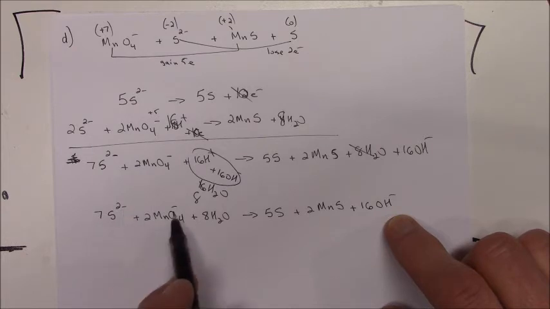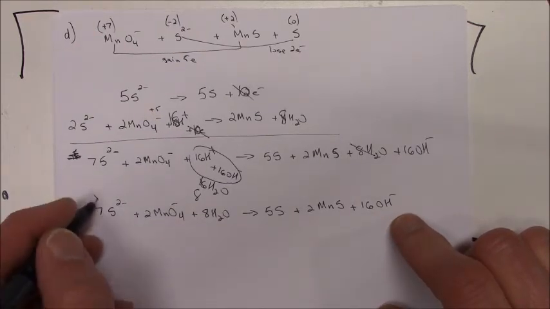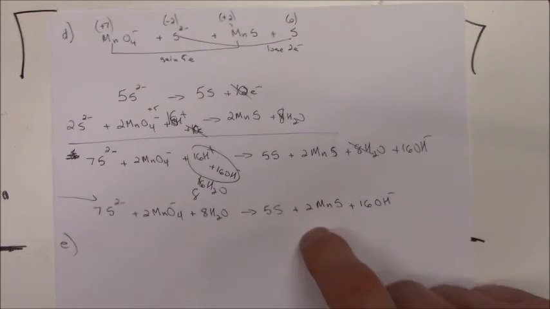This is minus 14, minus 2 more, minus 16, minus 16. That's good. So we're good for that one.